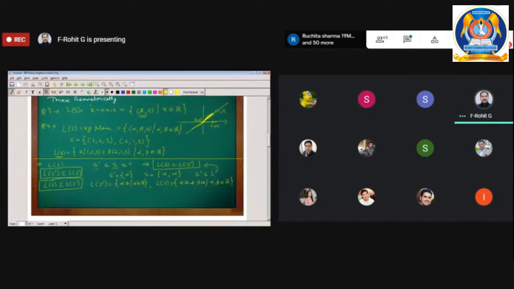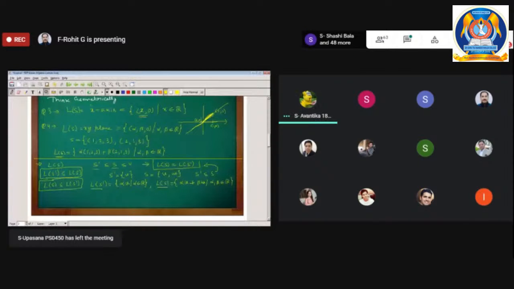Now, Avantika, can you see the relation between L of S dash and L of S? Any relation between them? Are you able to recognize the relation between these two? Khushbu has, I think, already discussed, so you have a hint also. Or you need some time to think. Yes, sir. Okay, next I will call Aman Shukla.